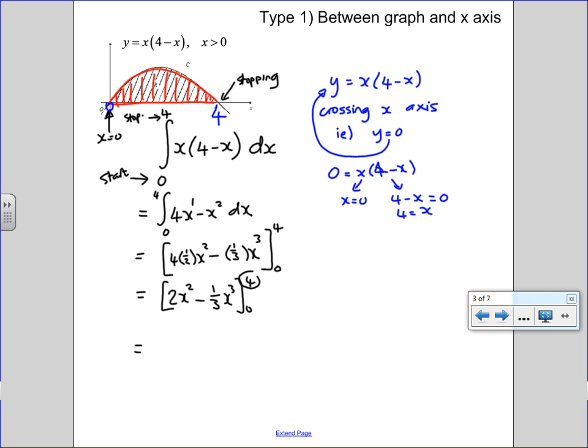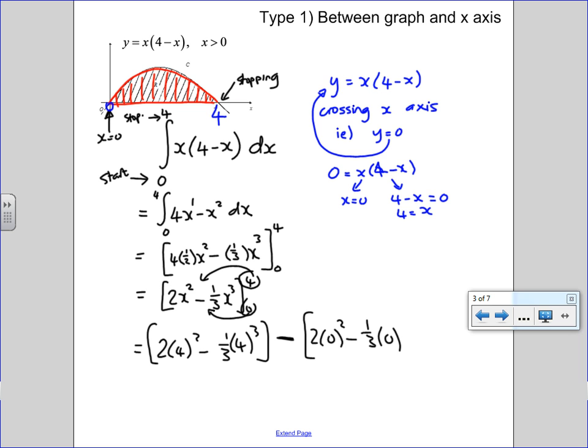So the 4 goes in first as x. And then always a minus. And then the 0 goes in as x. Okay, I can definitely do that second one myself.